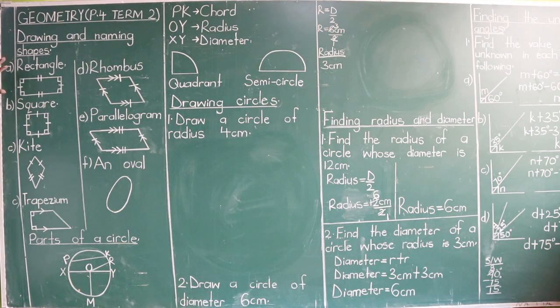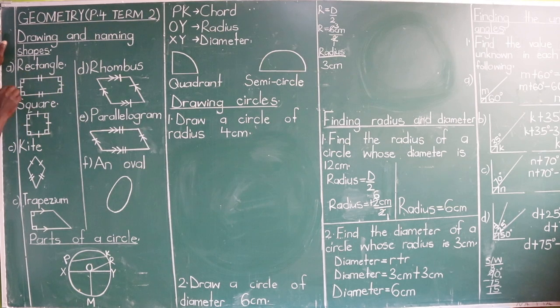So the shapes are here. They will tell you the space below. Draw a rectangle. A rectangle looks like what you are seeing. It's a four-sided polygon with the two opposite sides equal and parallel. So here we show that this side is equal to this side.